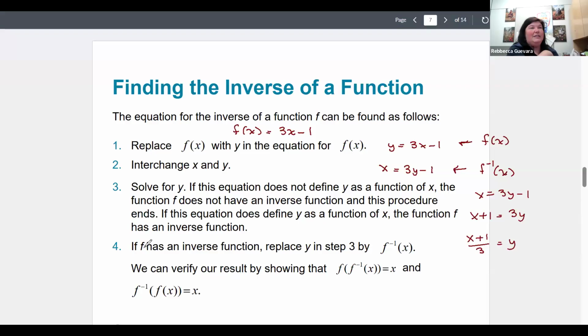My last step is, if f has an inverse function, we're going to replace y with f inverse. So we end up having f inverse of x equal to x plus 1 divided by 2. We can verify our results by doing the composition just to make sure it works.